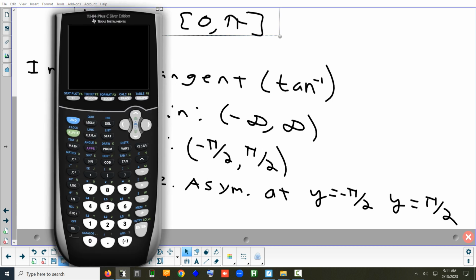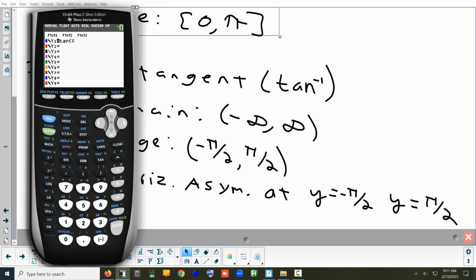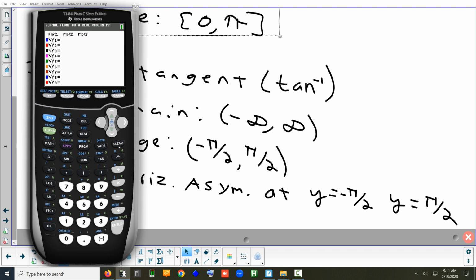All right, let's look at a picture of inverse tangent. I'm going to set my window back to negative pi over 2, which is about 1.57. So I'm just going to type it in that way. And for the y min and max, wait, did I type that in right?